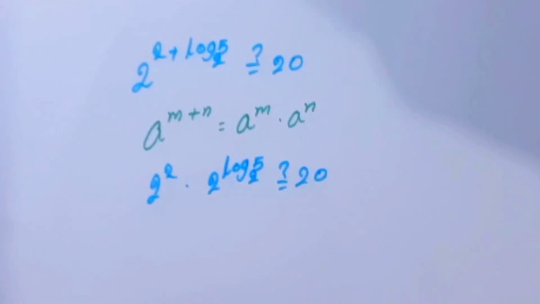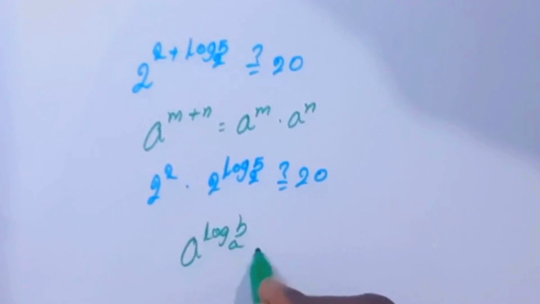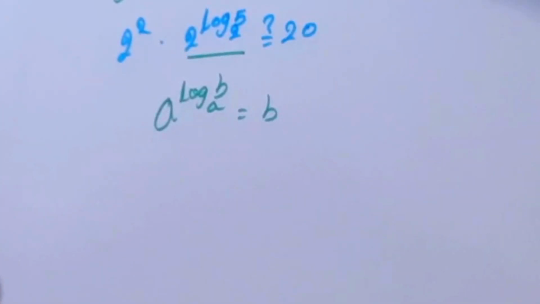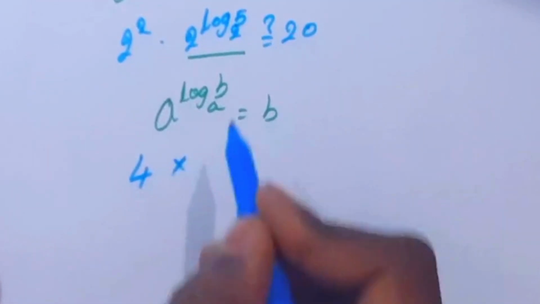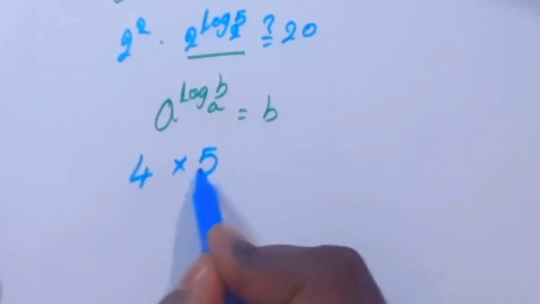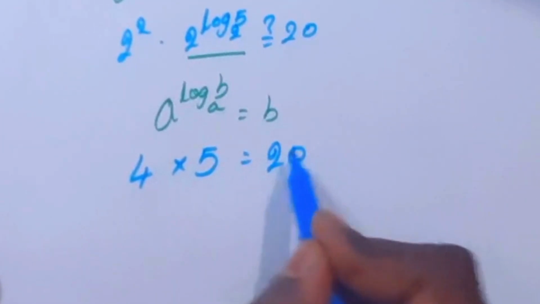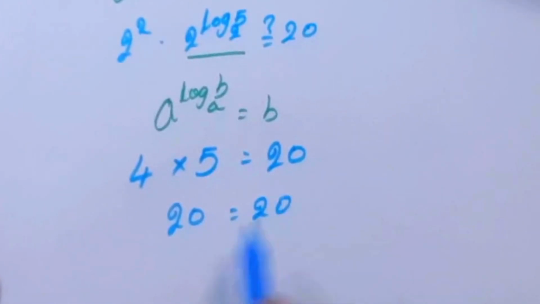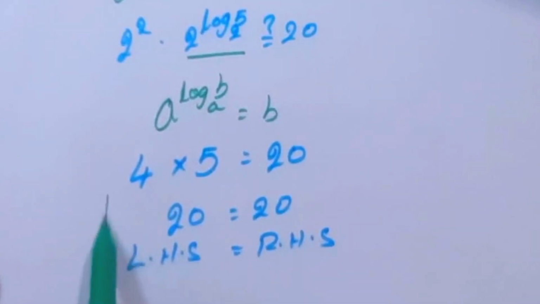Now we know a power log b base a equal to b. We are going to apply this here. So we get 2 power 2 is 4, times this is 5. 4 times 5 is 20 equal to 20. So LHS is equal to RHS, verified.